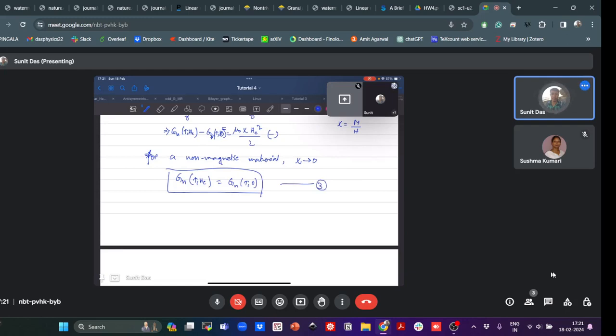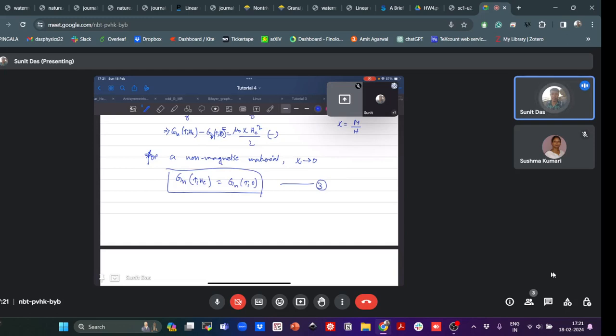That means for a normal non-magnetic metal, the Gibbs free energy doesn't increase after applying the magnetic field, which is really understandable, right?